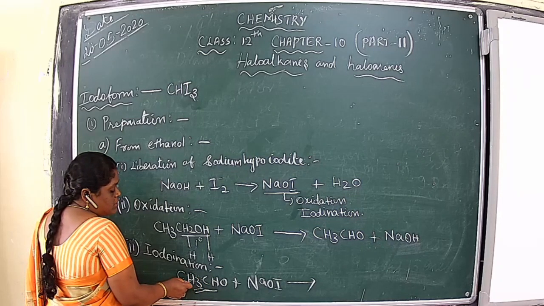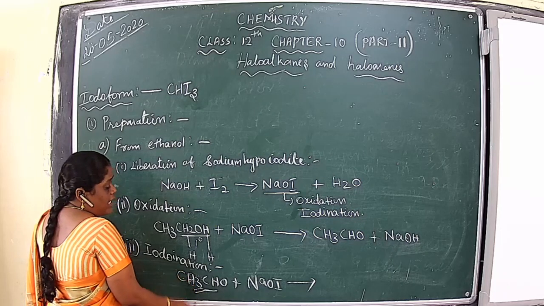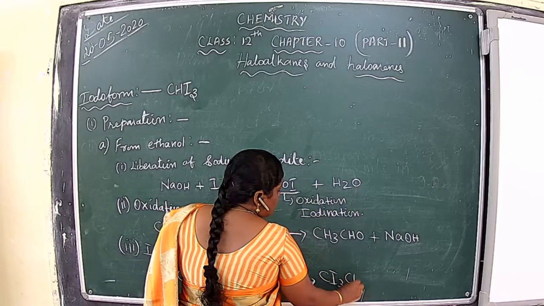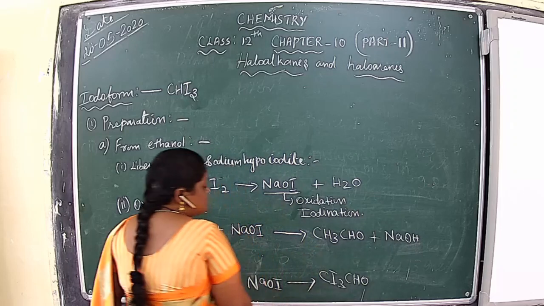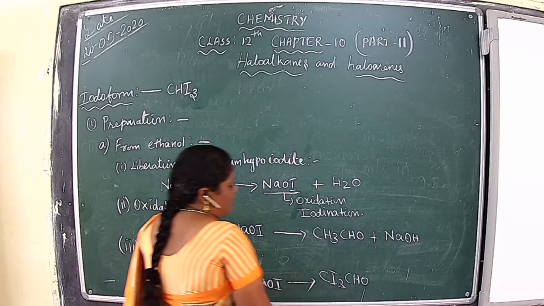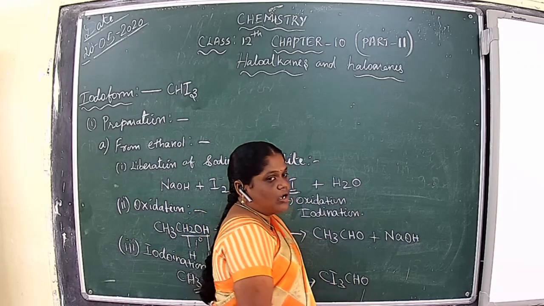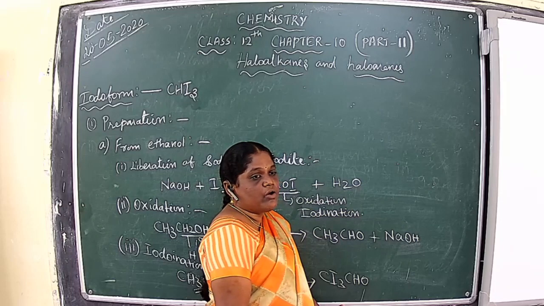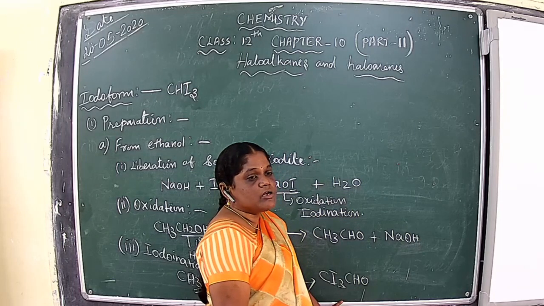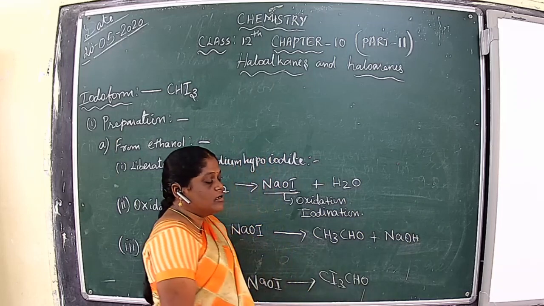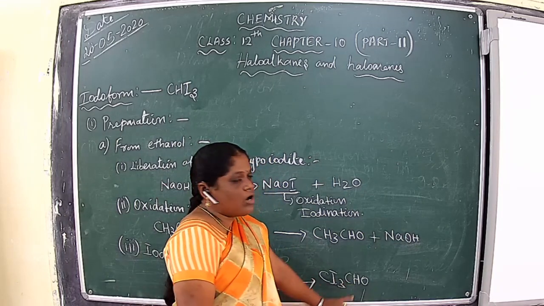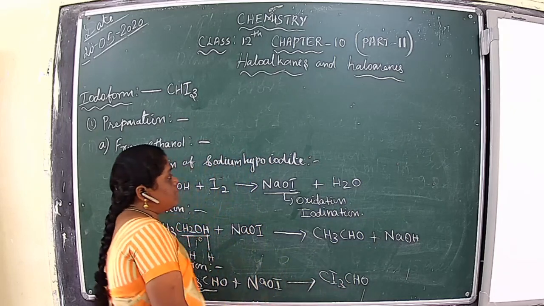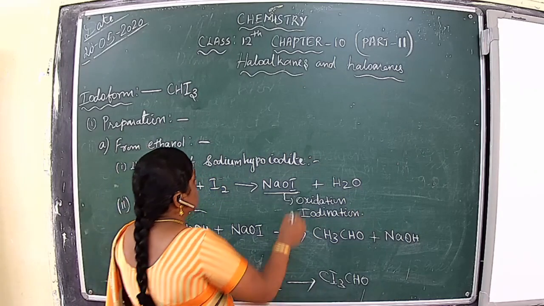We remove the hydrogens and add iodine. Then we get CI3CHO, triiodoacetaldehyde. Just as we got trichloroacetaldehyde, or other name chloral, in chloroform, here it is triiodoacetaldehyde. Okay.